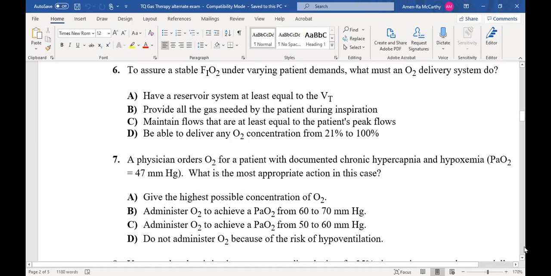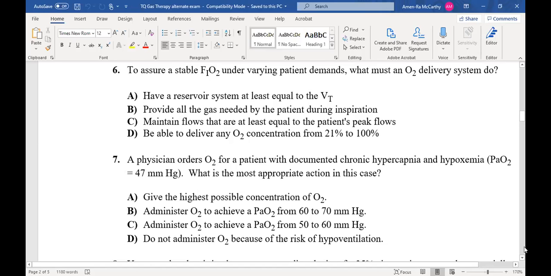All right, number 6. Joshua, to assure a stable FiO2 under varying patient demands, what must an O2 delivery system be able to do? I'd kind of guess on this one. I think it's D, to be able to deliver O2 concentration from 21% to 100%.